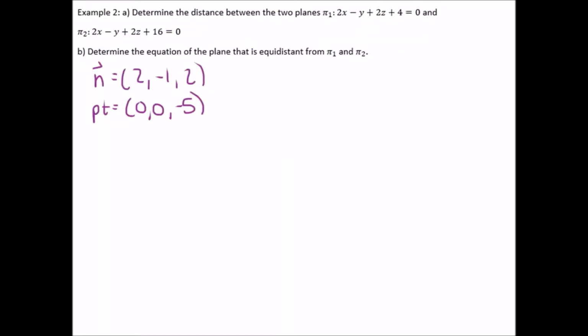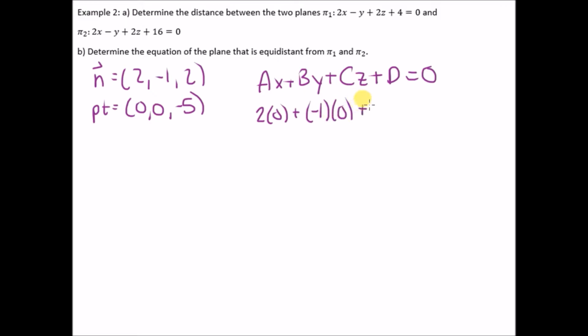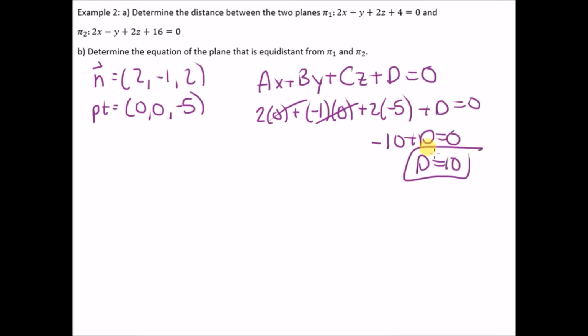So in order to find the equation of the plane that has this normal and this point, all we do is sub it into ax plus by plus cz plus d equals 0. So 2(0) plus negative 1(0) plus 2(negative 5) plus d equals 0. Okay, I get negative 10 plus d equals 0. In other words, d equals 10.